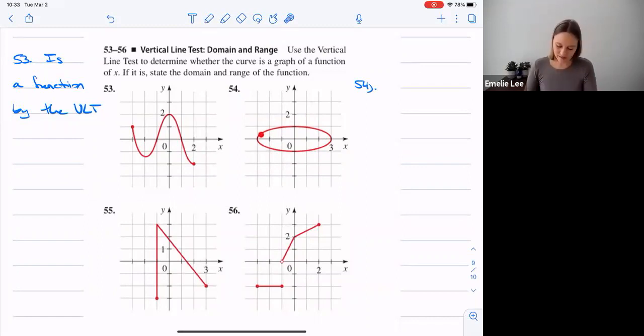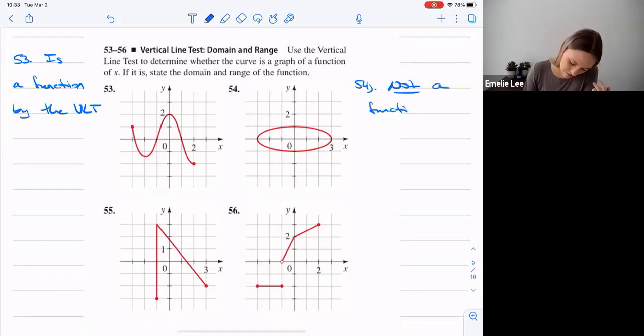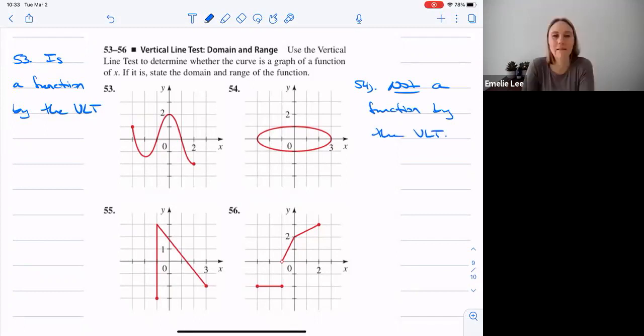Here, it doesn't matter what value of x I pick, I'm going to intersect the graph more than once. And so this is not a function, not a function by the vertical line test. It is an ellipse. Thank you.